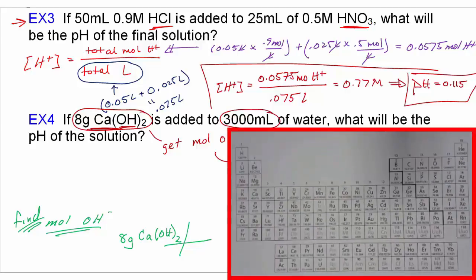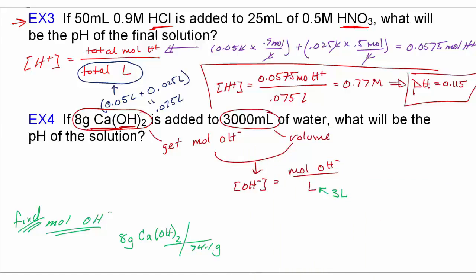Let's find the molar mass of calcium hydroxide. Calcium is 40.1 plus oxygen, 2 of them, 32, plus 2 hydrogens, you get about 74.1. 74.1 grams in a mole of calcium hydroxide. Okay, if I have 1 mole of calcium hydroxide, how many moles of hydroxide do I have?